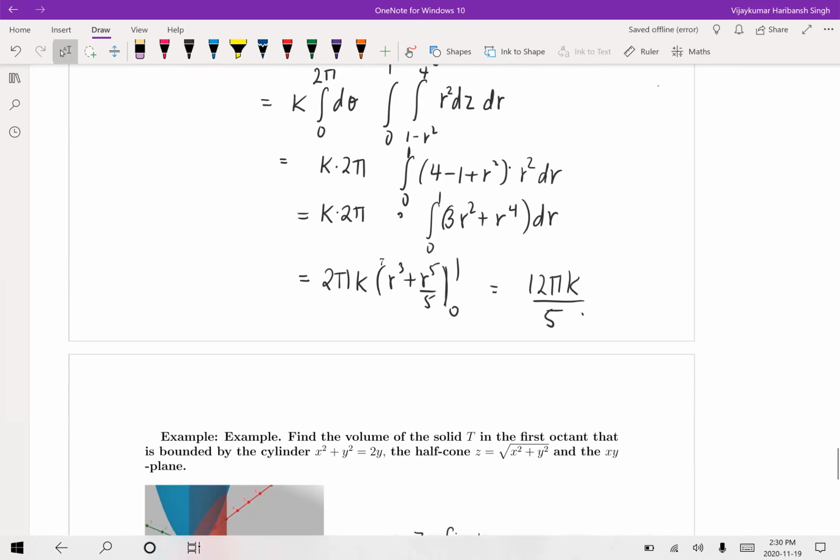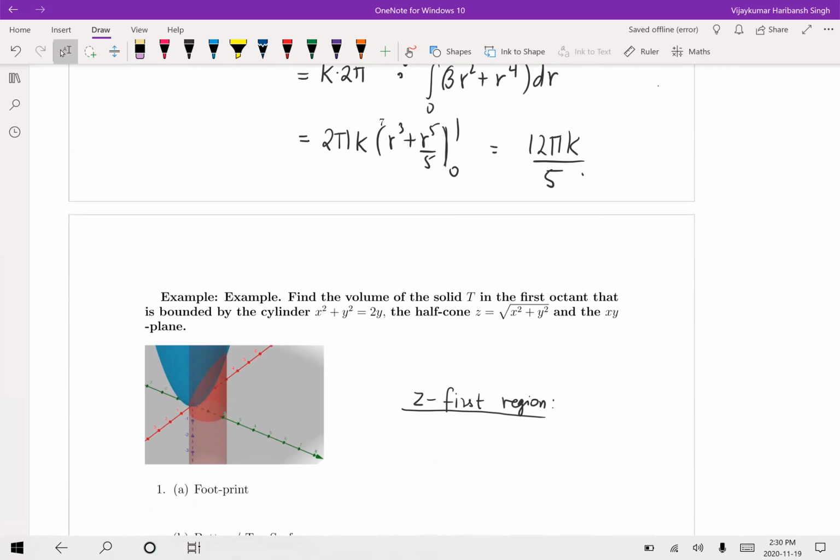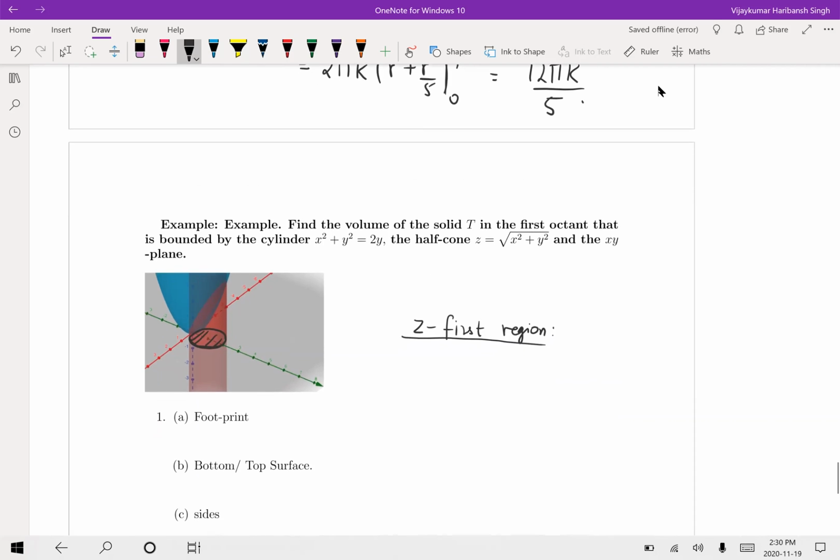So again, here we have a z first region. What is the footprint? If you project it down, you get a footprint here. Let's evaluate that footprint. You can see that this is x squared plus (y minus 1) squared equals 1. It is a circle.